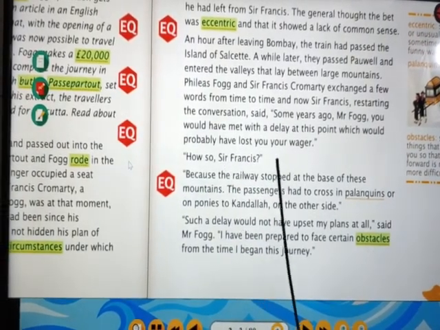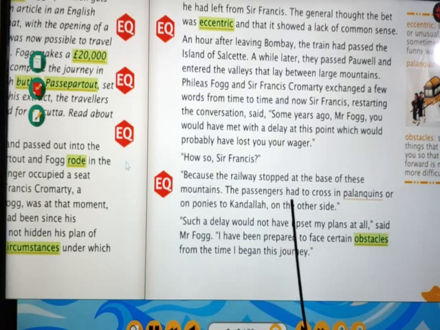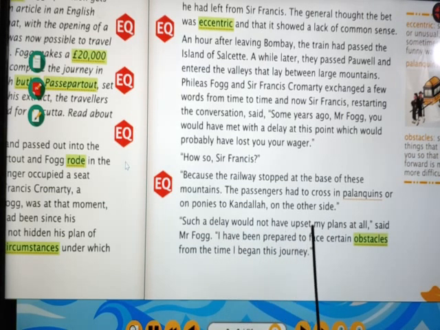"How so, Sir Francis?" "Because the railway stopped at the base of these mountains. The passengers had to cross in palanquins or on ponies to Kandala on the other side." "Such a delay would not have upset my plans at all," said Mr. Fogg.